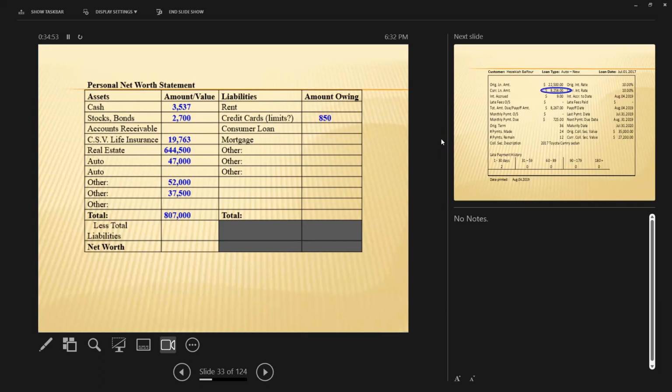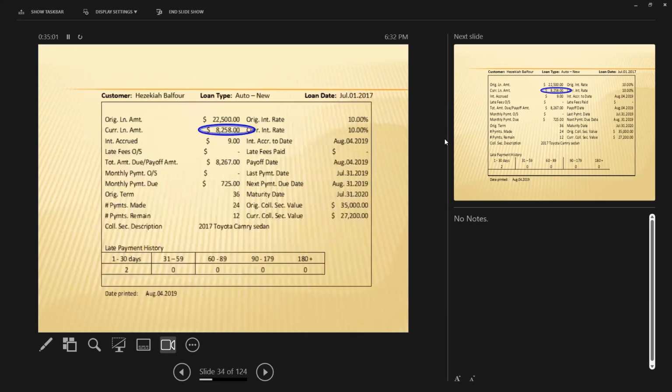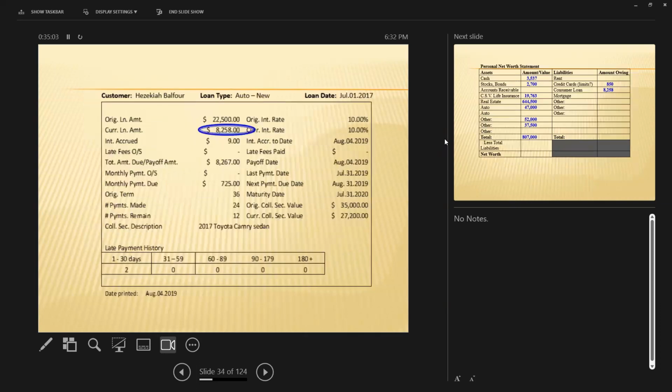Remember, we're doing net worth, so we're looking at what is outstanding, and we get that figure from the loan statement. The loan statement says the current loan amount is 8,258. We look at principal balance only. We don't add in the accrued interest.